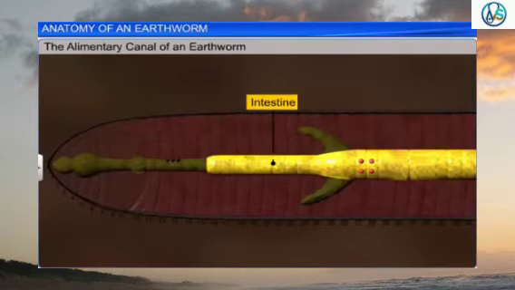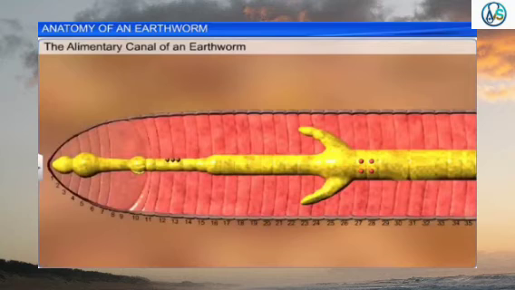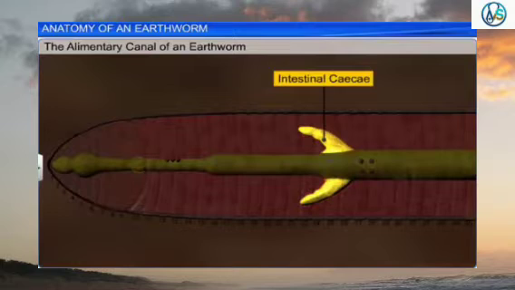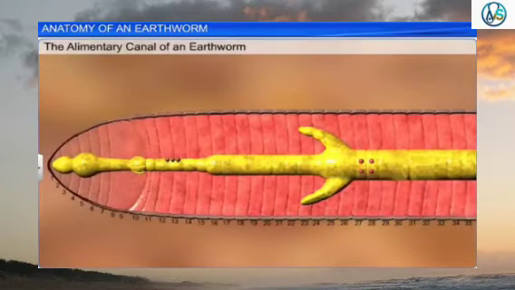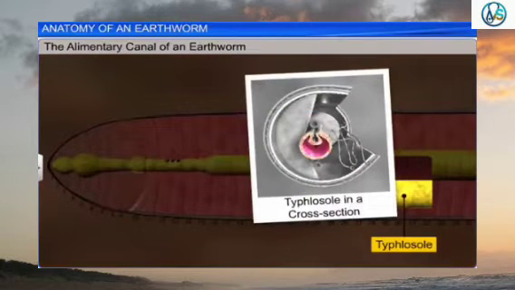A pair of short, conical projections of intestinal ceca is present on the 26th segment. The intestine shows internal folds called typhlosole between the 26th and the 35th segments, which also increases the surface area for better absorption of digested nutrients.